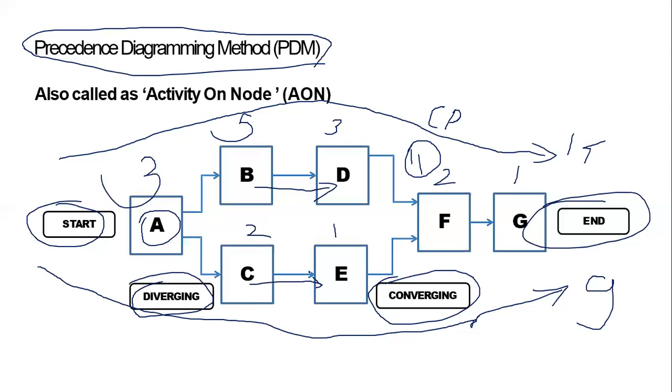Now come to C and E. Let's say C. So if I'm working on C, and not for any reason, do I have an option where I can get this started a little bit delayed? This has to start on 4th, but what if I delay it a little bit? Is it okay?